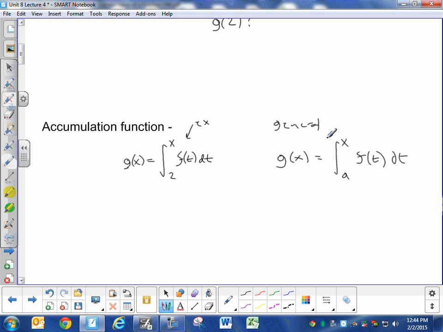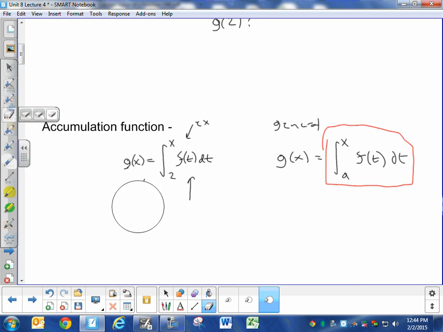So it's really like this piece of it is the accumulation part. We'll find out that G and F are related, if this is true. Or G and the area from 2 to F are related. Okay?